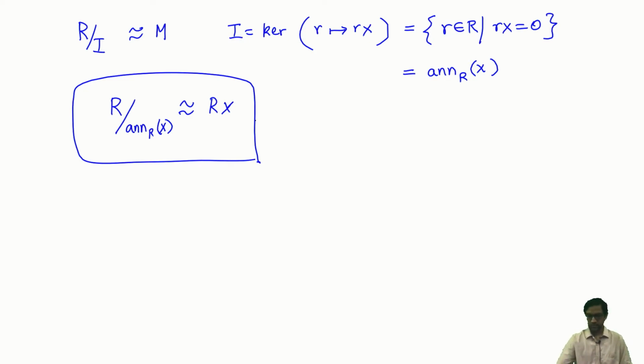Okay, so let's move on to the second problem. Again it is about quotients and submodules. In fact, it's about submodules of quotients. So here's the problem, broadly speaking. Suppose M is an R module.